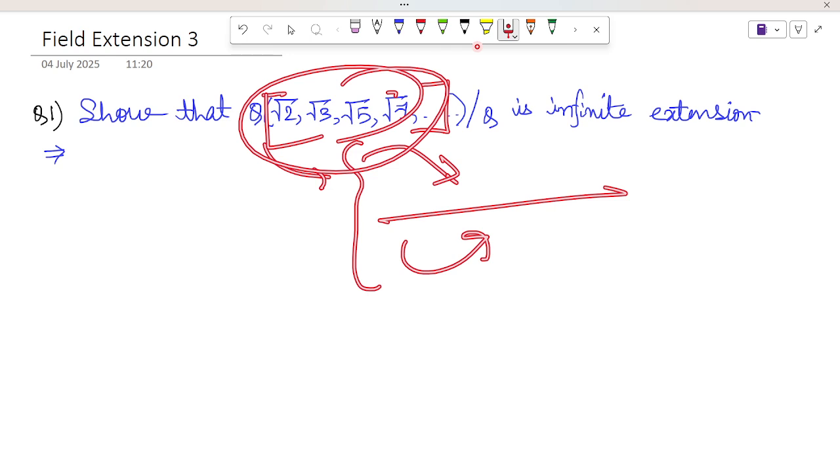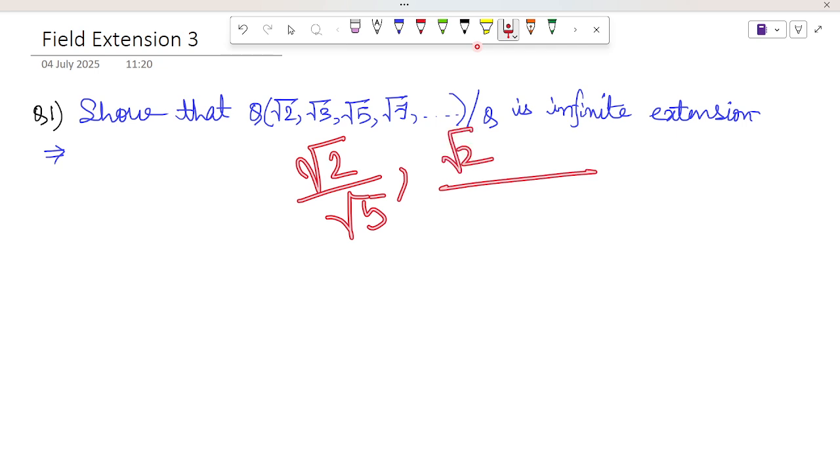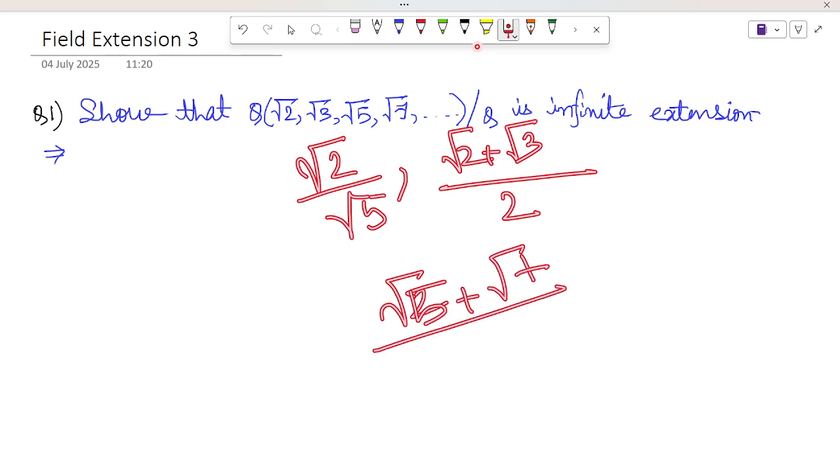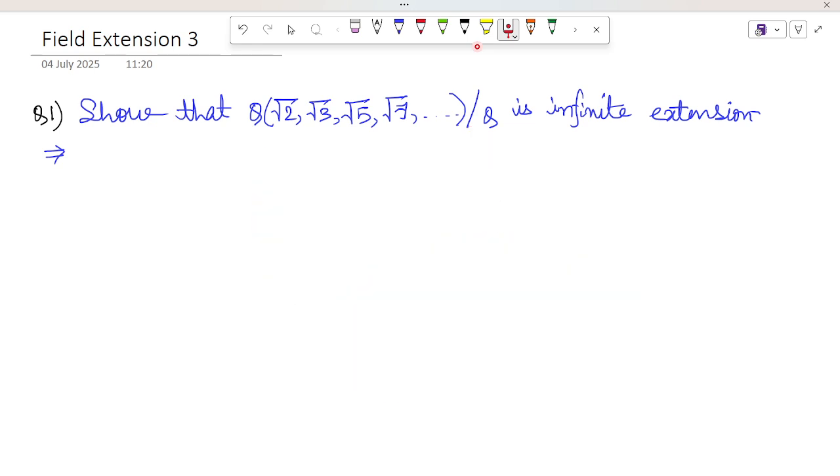For example, root 2 by root 5, root 2 plus root 3 by 2 root 5 plus root 7 by root 3 plus root 2. All of these things belong there. I think you understand.